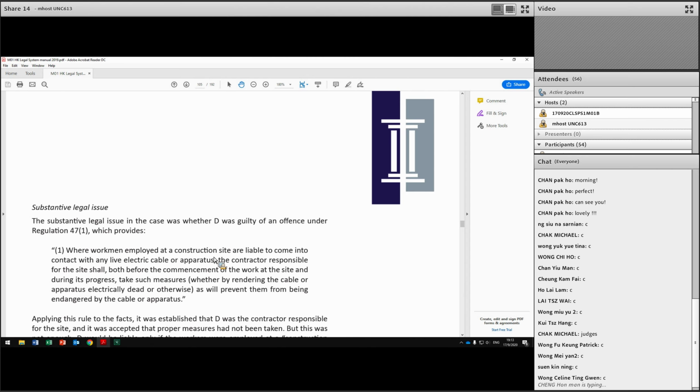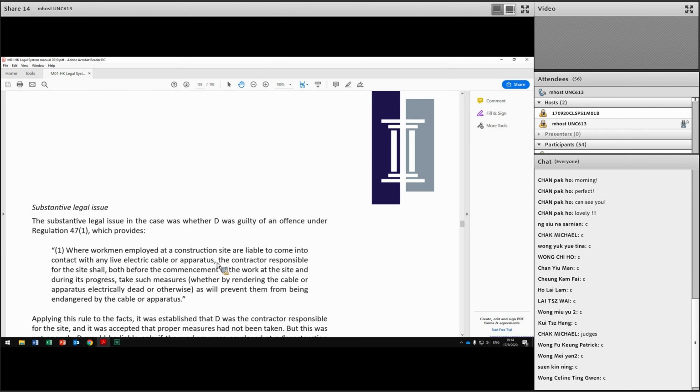Whether the defendant would be guilty depends on the definition, the meaning of construction site. If the accident happened in a construction site, the defendant will be guilty. If the accident did not happen in a construction site, the defendant will be found not guilty. So whether the defendant was guilty or not depends on the definition of the construction site. For the definition, later I will show you.